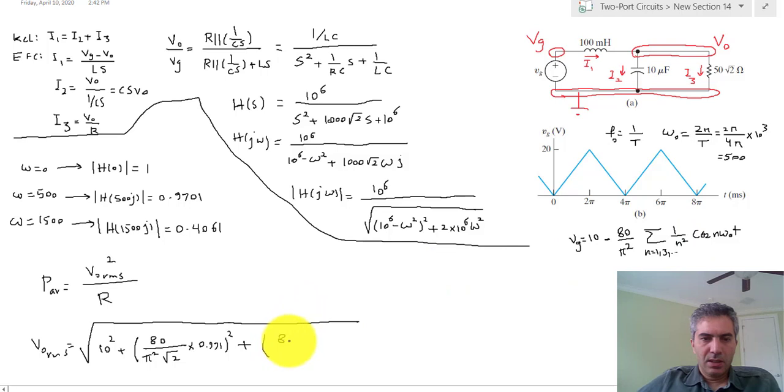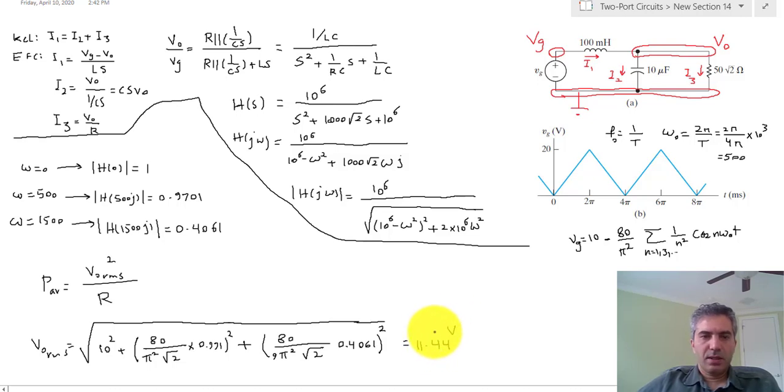So 80 divided by 9 pi, square root of 2, and this time multiplied by 0.4061, and that to the power of 2. You calculate all of that. The value that you can calculate is about 11.44 volts.